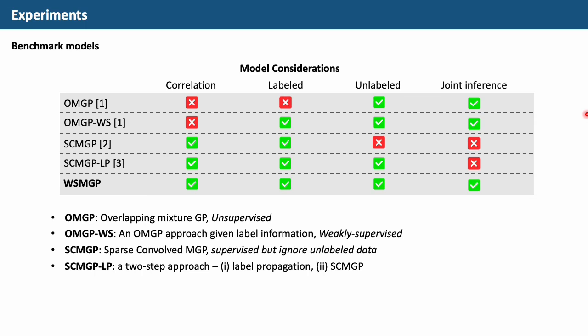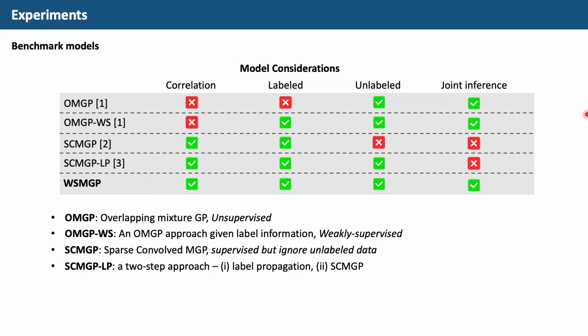SCMGP is sparse convolved MGP, which is a type of sparse MGP. Although this method considers correlation between groups, it ignores unlabeled observations. SCMGP LP is a 2-step approach where it first estimates labels for the unlabeled observations using a label propagation algorithm, and then uses SCMGP to transfer correlated functions.